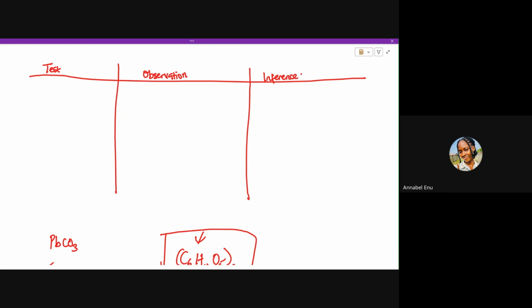Now, for these processes, when we see carbonate ion, what comes to mind? What can easily come to mind is a test for carbon dioxide, a test for carbon. A very common thing that comes to mind in terms of the test for carbon is the gas test, where you say carbon dioxide turns lime water milky.